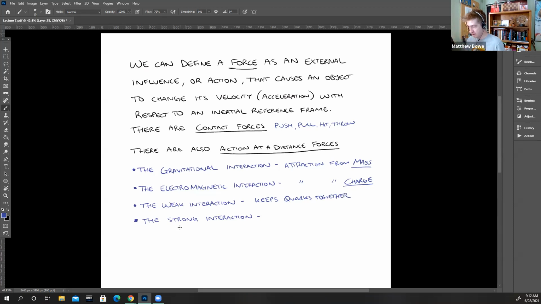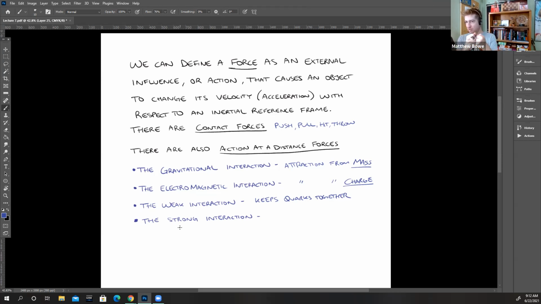And the strong interaction, that is the thing that keeps all of the atoms themselves together. You think of, in an atom of helium, there's two protons. They're both positively charged. And you'll learn later on that positive charges repel one another.